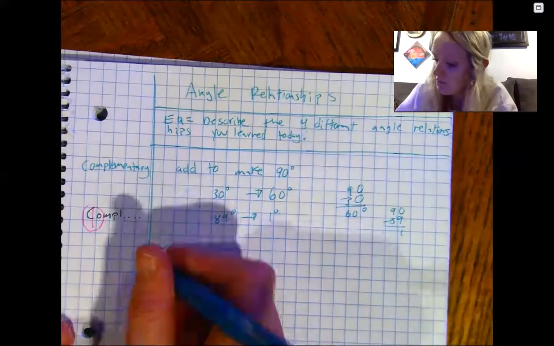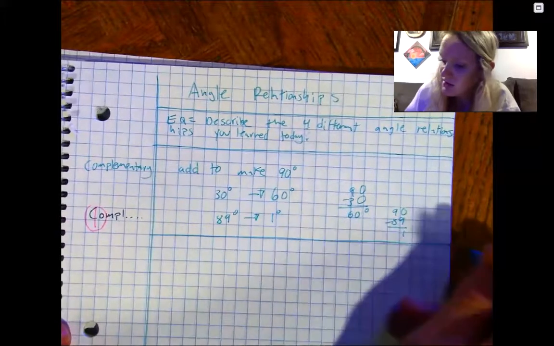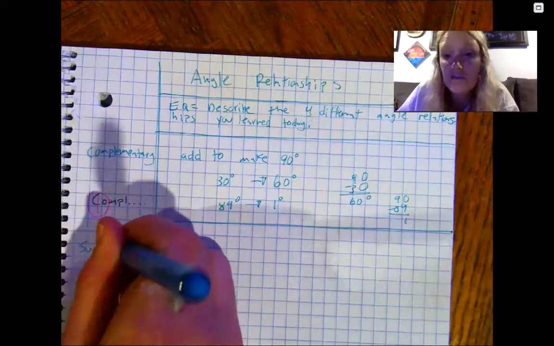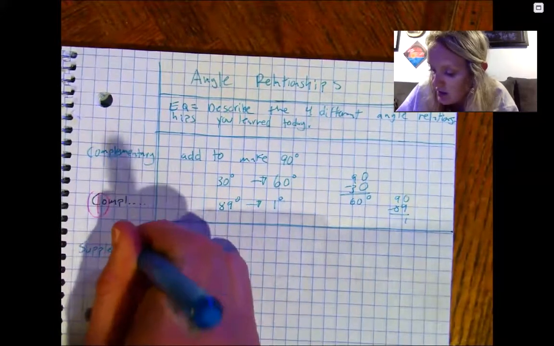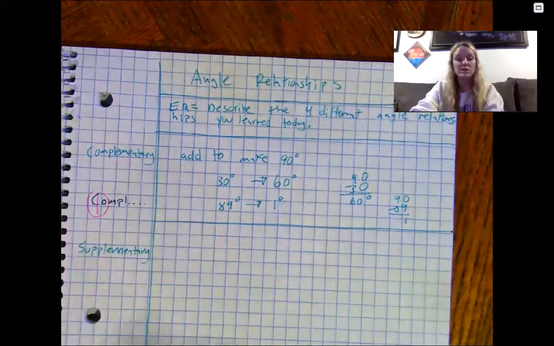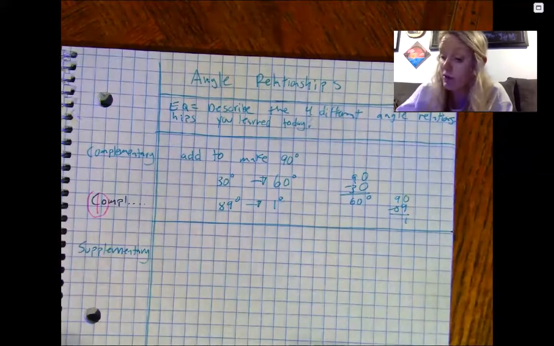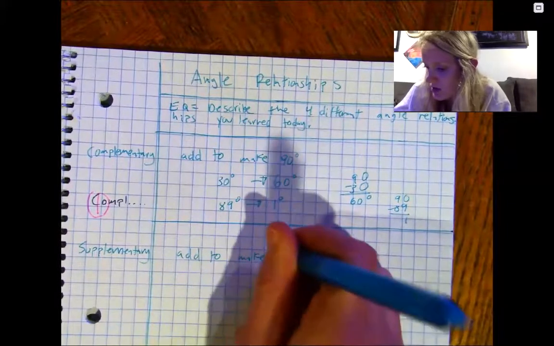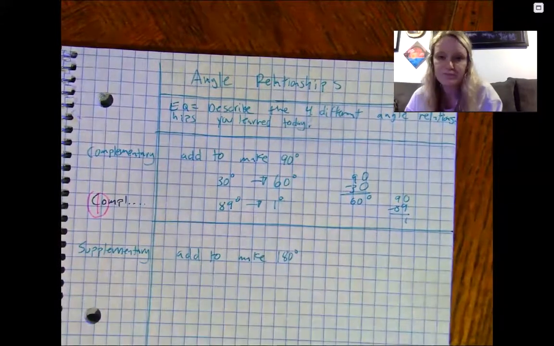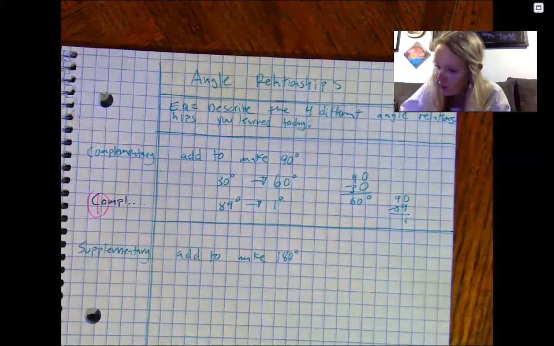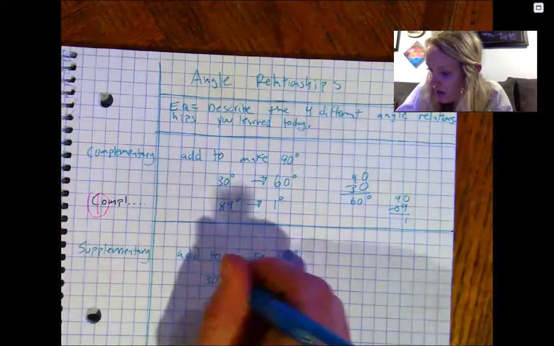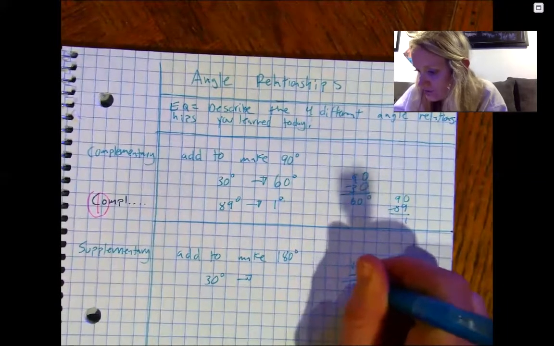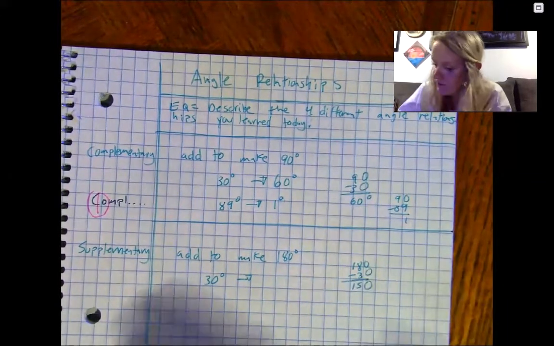Okay, let's move on. The next type of angle relationship is called supplementary. Supplementary angles are angles that add to make 180 degrees. That's it. So let's do the 30 one. 30's supplementary angle: if I took 180 and subtracted 30, I get 150.